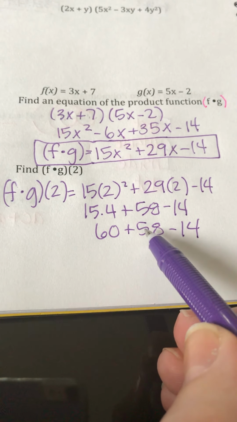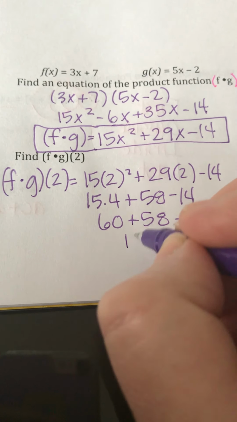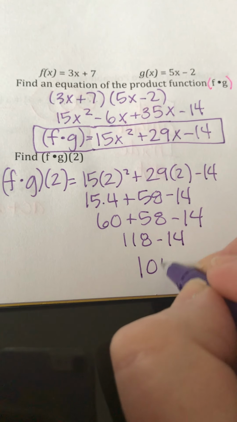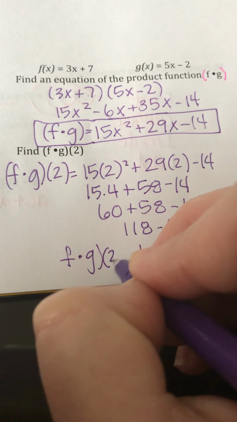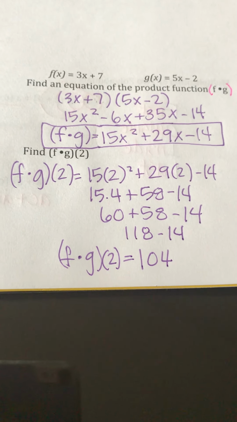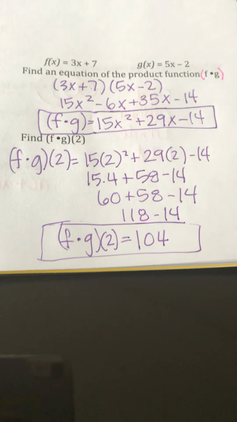That'll give me 118, minus 14. I'm going to write that part down. 118 minus 14 gives me a solution of 104. F times G of 2 equals 104. Okay, that is my solution.